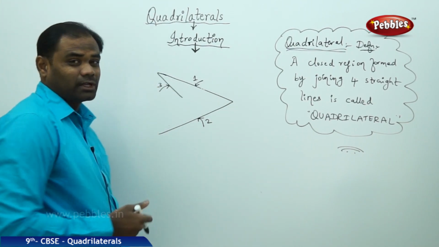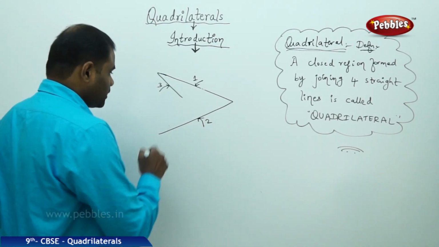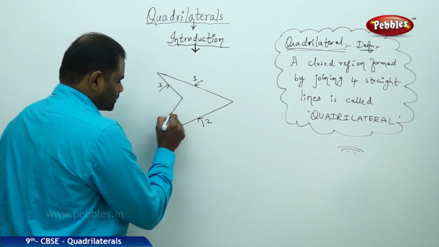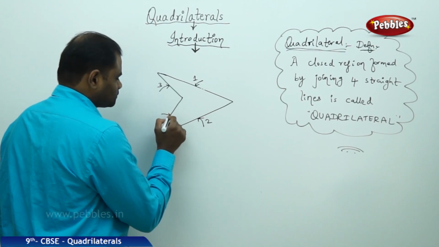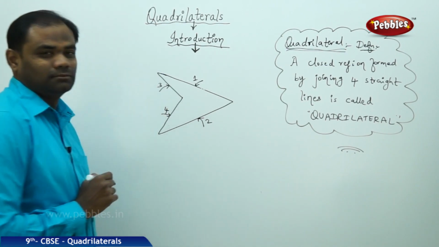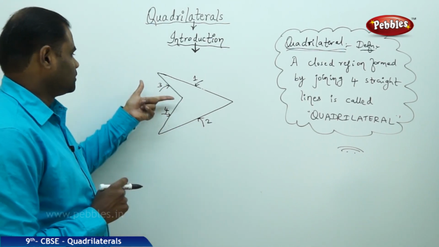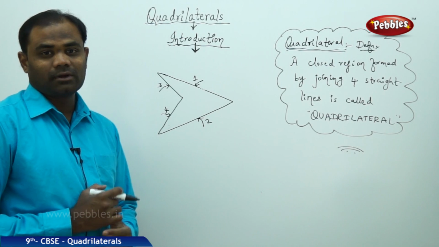Then I have the fourth and last line, arranged from this point to this point. So line 1 here, line 2 here, line 3 here and line 4 here.